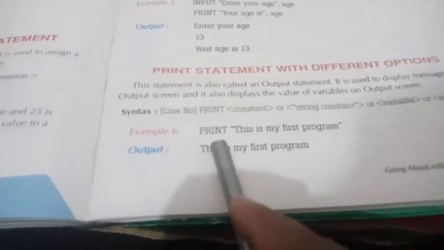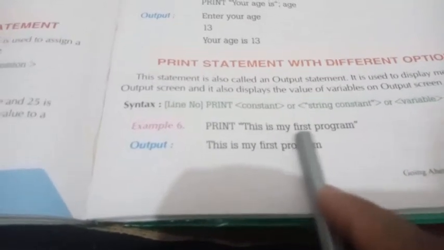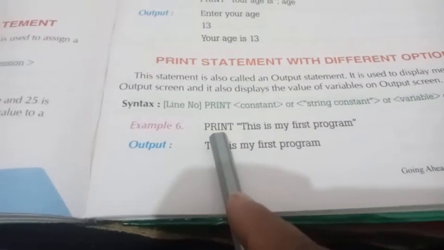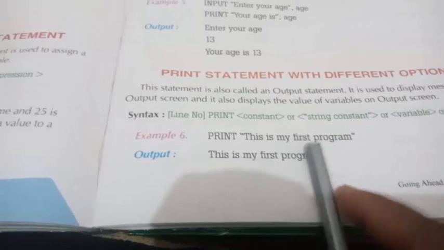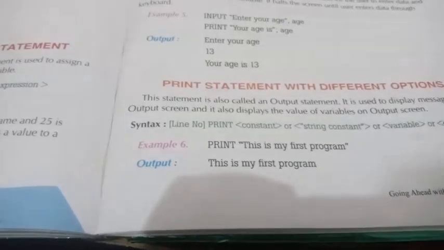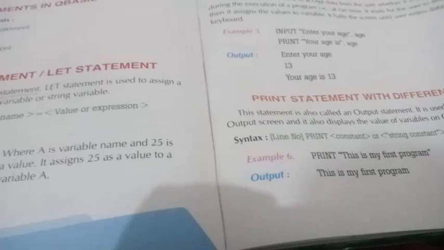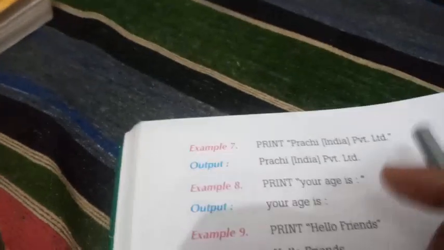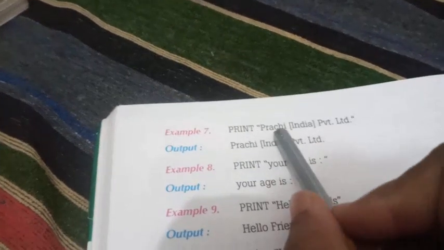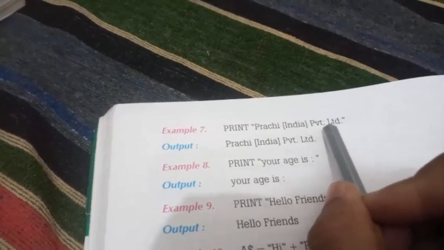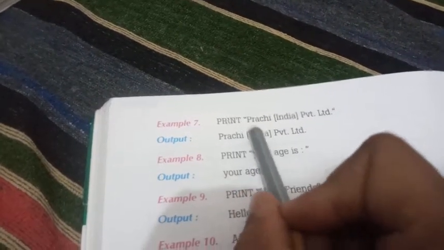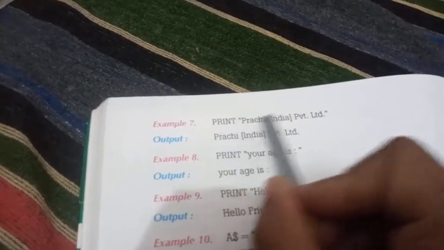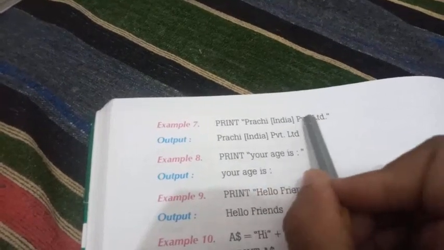When we need to print "This is my first program", we use the PRINT keyword and type our message in double quotes. In the example, the text in double quotes is reflected as the message.